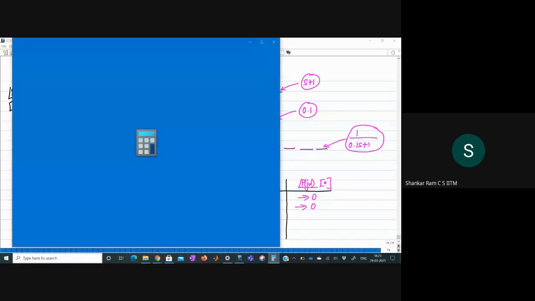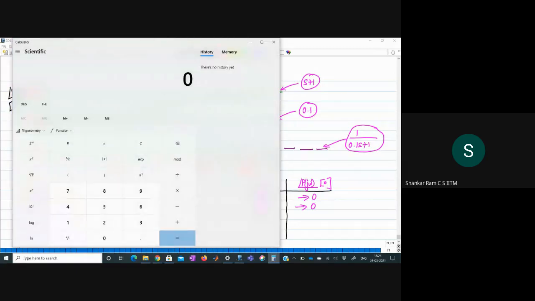So tan inverse of 1 is 45, right? So if we look at tan inverse of 0.1, I put, sorry.